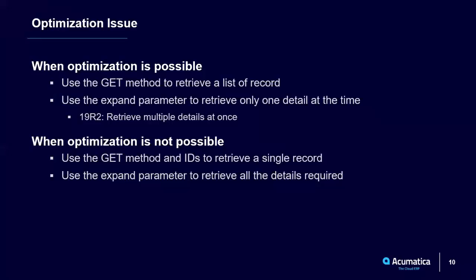But on some specific requests, you might get that error telling you that it's not working. In this case, you need to retrieve the list of sales orders and then, using the key fields at the top or the ID field, retrieve sales orders one at a time with the details that you want. Well, the details will be a list, but it will be for a single sales order one at a time.